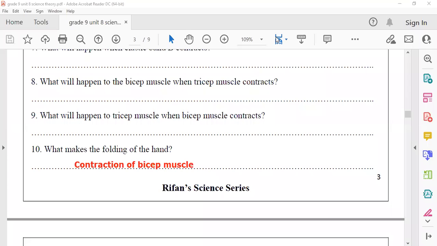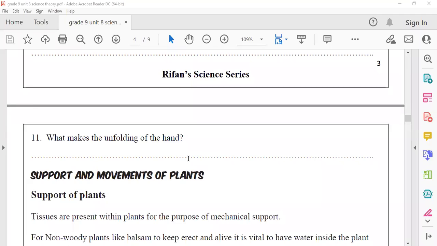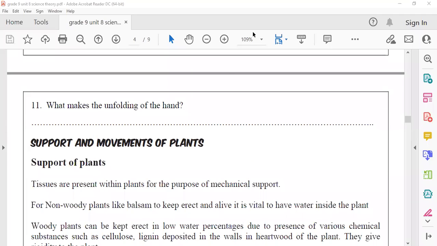Now done, sir. What makes unfolding of the hands? Unfolding of the hands is done by contraction of tricep muscles.